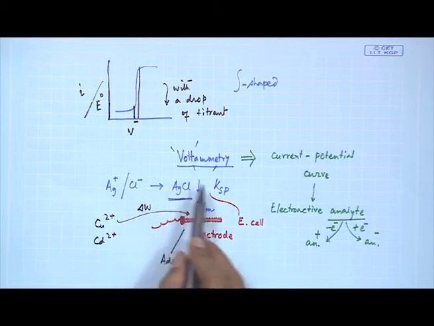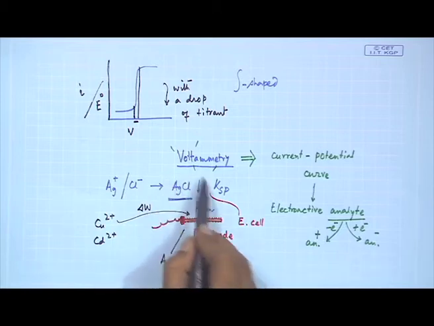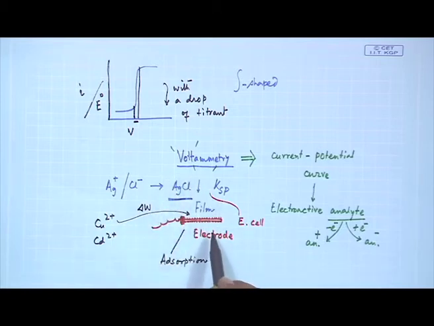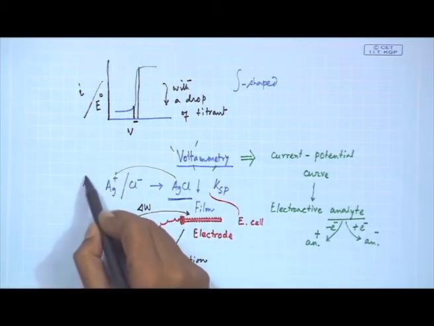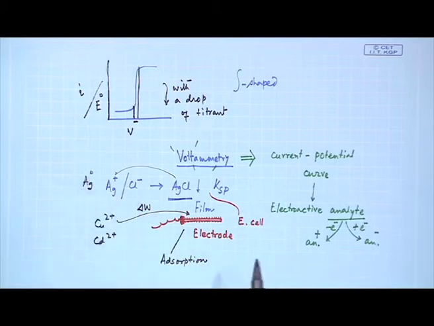Now, if any other material is also deposited on the film, we can find that out, and also the species. What is being deposited on the electrode as a film is also electroactive, because you can go back again to your silver 0, since it is starting from silver 0.